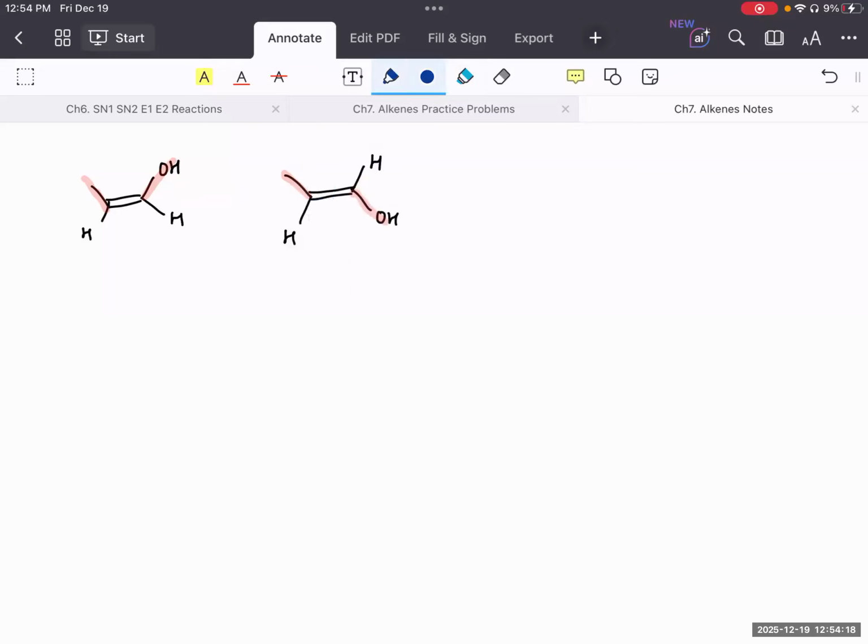And so these two structures are not the same because we don't have free rotation around double bonds. So around single bonds we do, but around double bonds we can't rotate around and make those compounds the same. And so I'm going to put a not equal sign here to show that these two structures are not the same. They will form different products in different reactions. And so it's important to make sure that you're not treating them the same way.